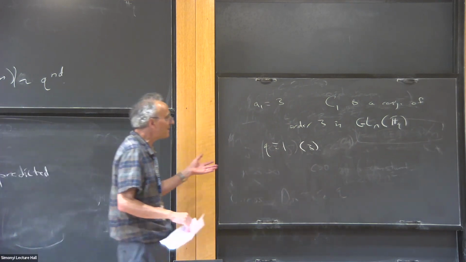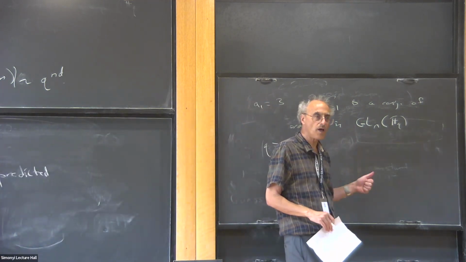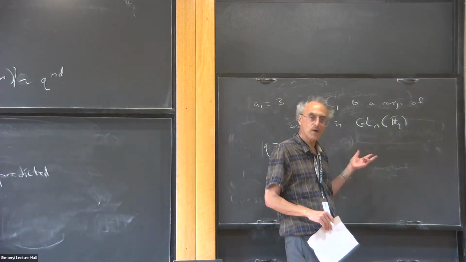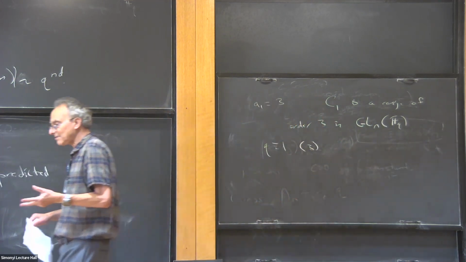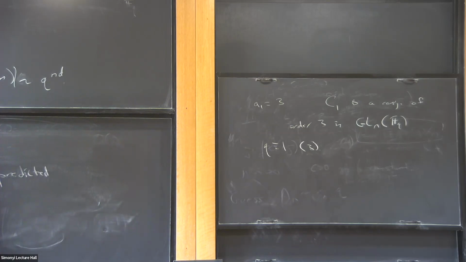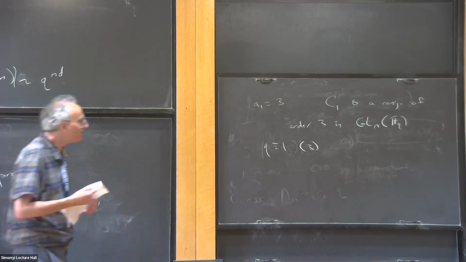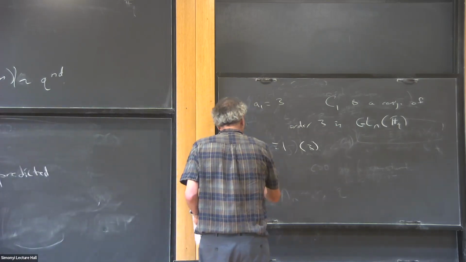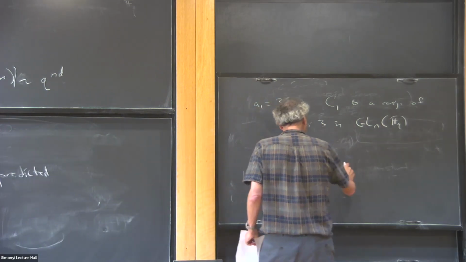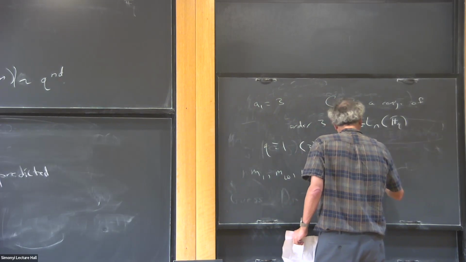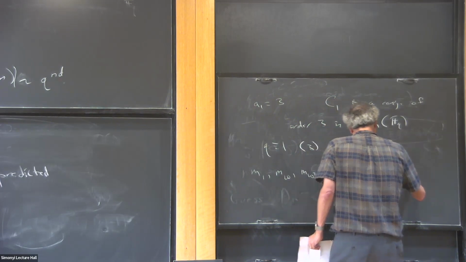Well, of course, we need to specify the multiplicities of 1, omega, and omega squared as the eigenvalues. We know that these three eigenvalues are going to add up to n. So we have, call them m1, m omega, m omega squared, they add up to n.